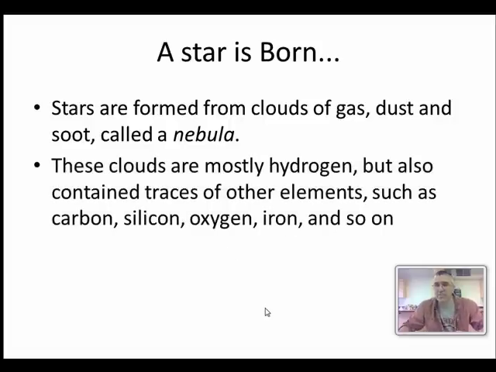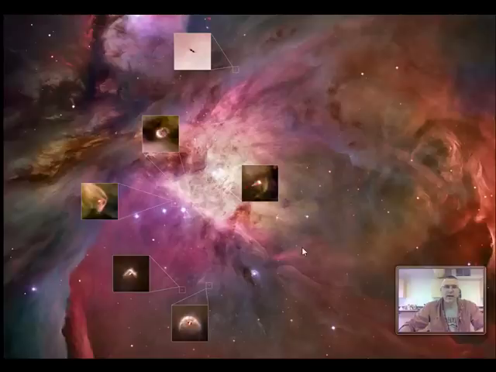These gas clouds are mostly hydrogen, but they contain other elements and dust and silicon, oxygen, iron, and stuff like that. So this is one such cloud. This is the Orion Nebula. And if we magnify this image, we can see that there's little spots in here where there are actually solar systems forming, stars forming inside this giant cloud of gas and dust.